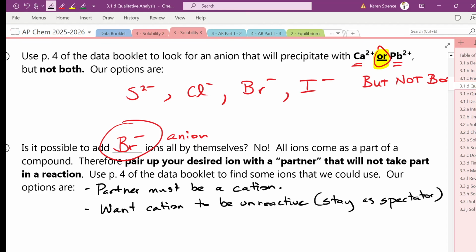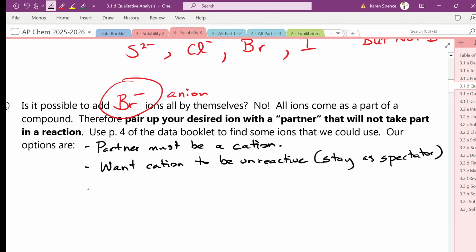So in other words, this cation that we choose must be always soluble.